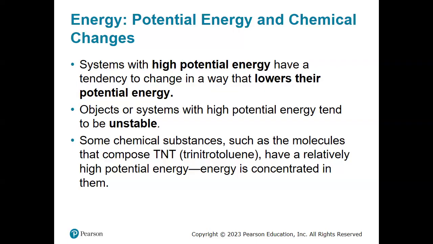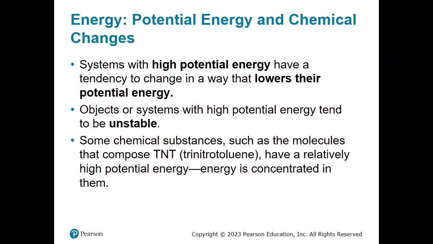So in the case of TNT, if we expose TNT to a certain kind of stressor, some sort of ignition pathway, a spark, some sort of instigator, what happens is that that spark causes a reaction inside of the TNT to cause it to go to a more stable, less potential energy kind of molecule.